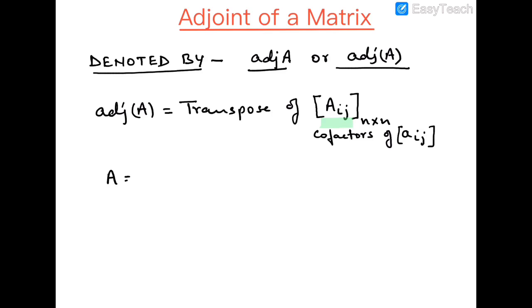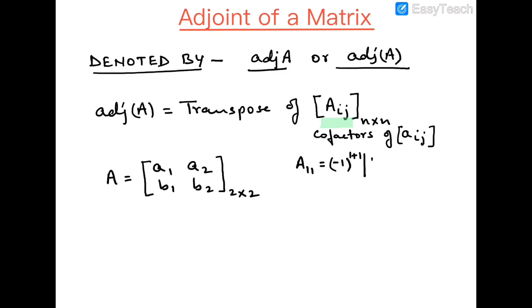Now let's take a square matrix A with elements A1, A2, B1, B2 of order 2 by 2 and find out the cofactors of each element of this matrix. So the cofactor of A1 is (-1) to the power 1 plus 1, and if we eliminate the first row and first column, only B2 is left, so it will give us B2.